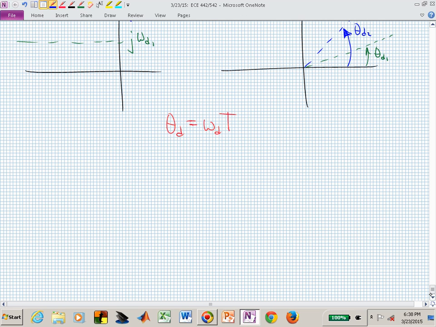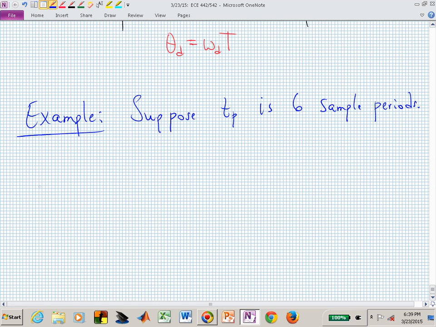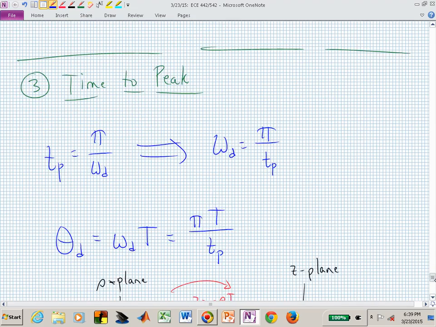Let's look at an example of that. Suppose we're told that the time to peak is 6 sample periods. Theta sub d is omega sub d T, but remember what omega sub d was?